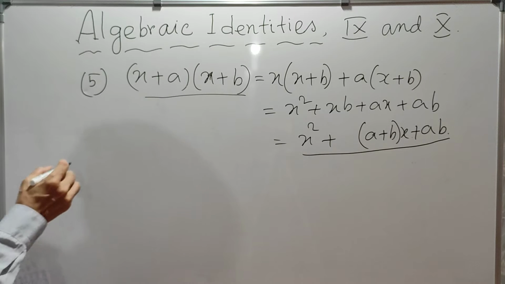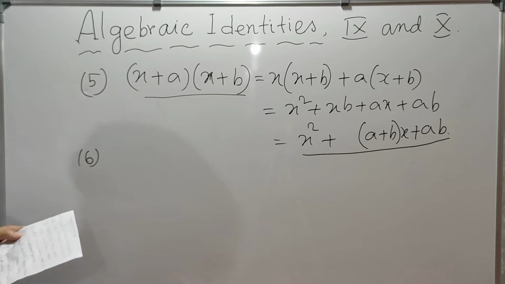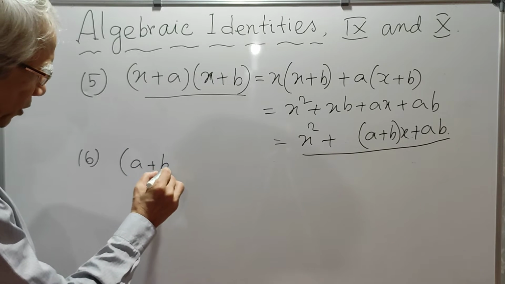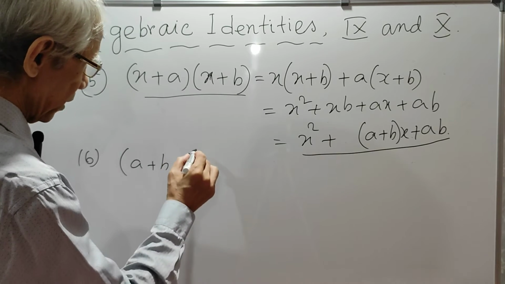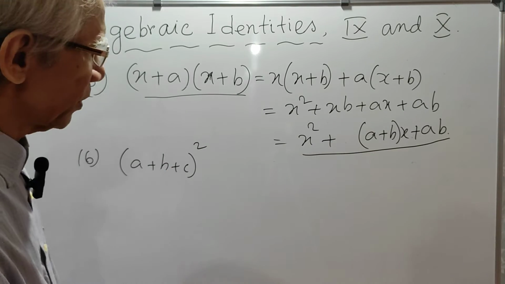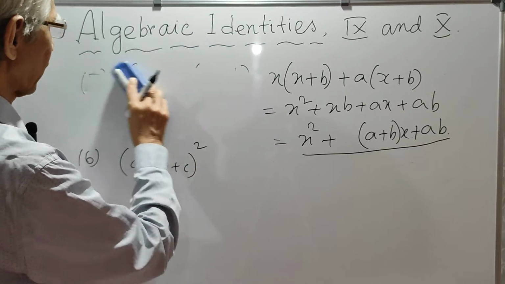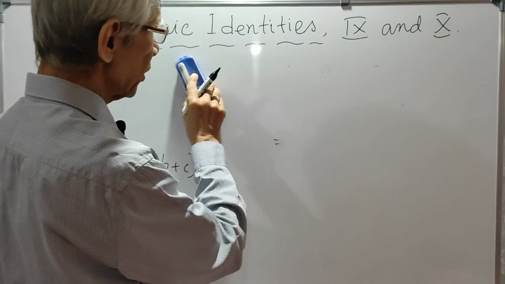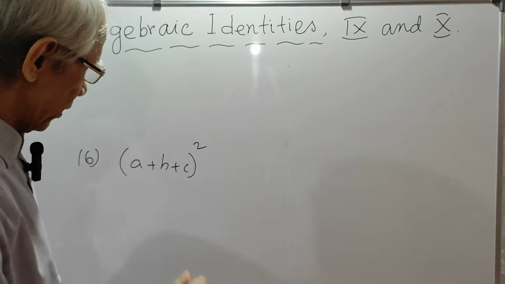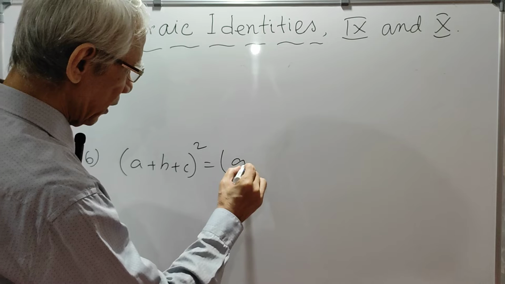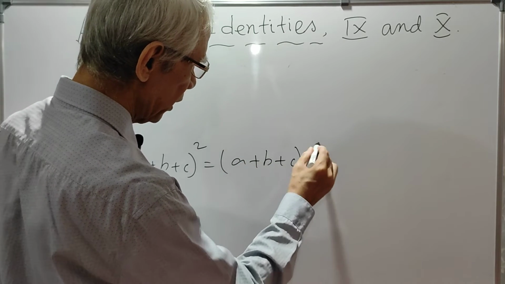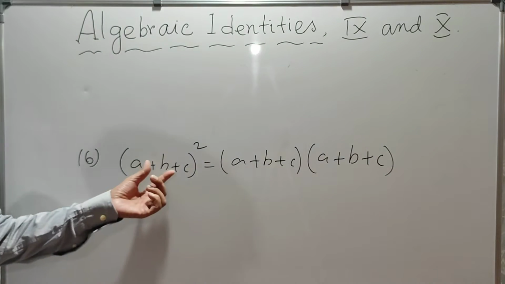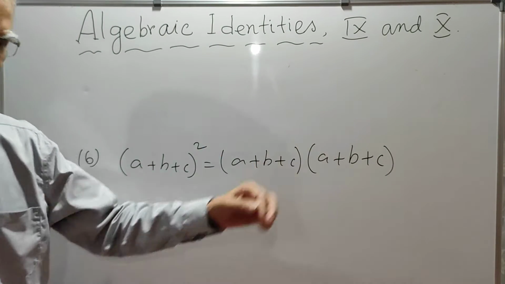All right. Now we'll see the sixth identity. Sixth identity is this one, a plus b plus c whole square. Now a plus b plus c whole square means a plus b plus c into a plus b plus c.